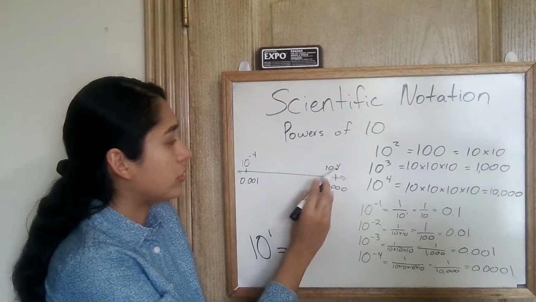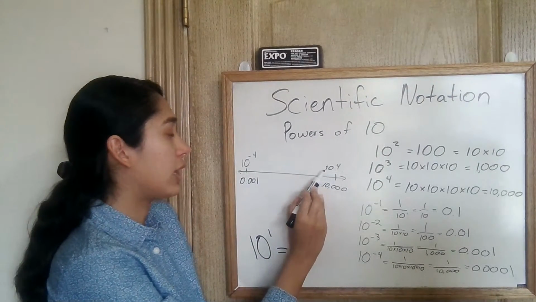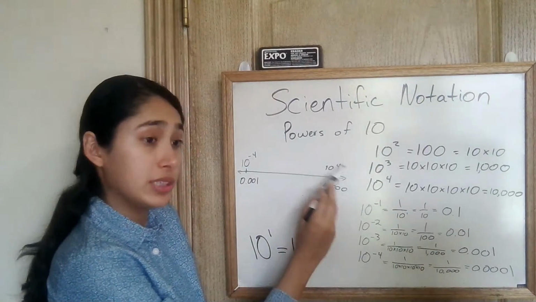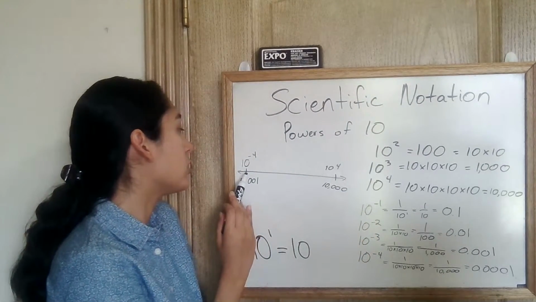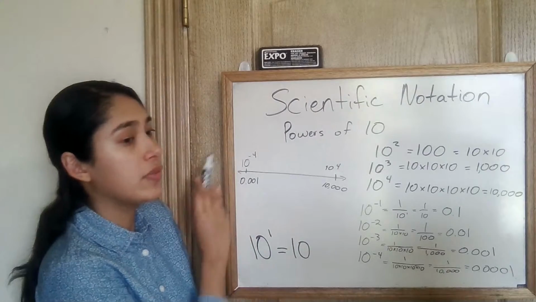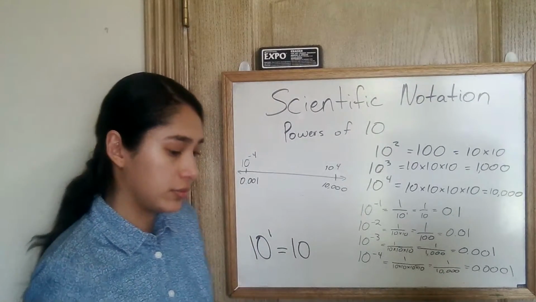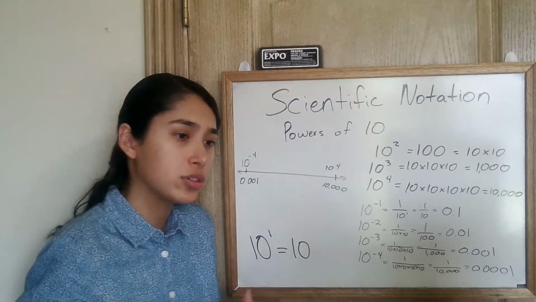Okay, so as you're increasing this value, like let's say 10 to the power of 6, I know it's going to be an even greater number in this direction. If I do 10 to the power of -6, it's going to be even smaller, a smaller value over here. Okay, so we have it internalized.